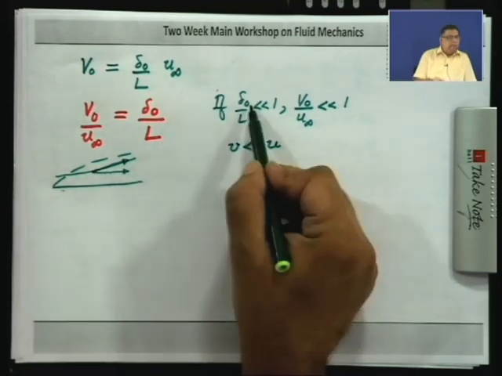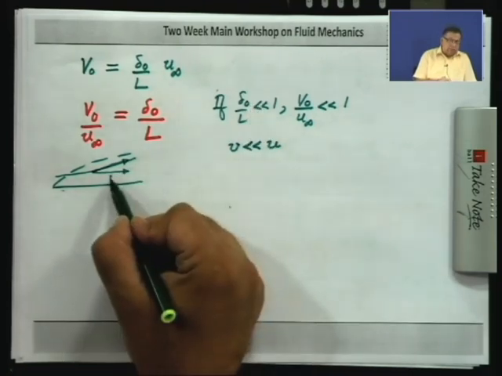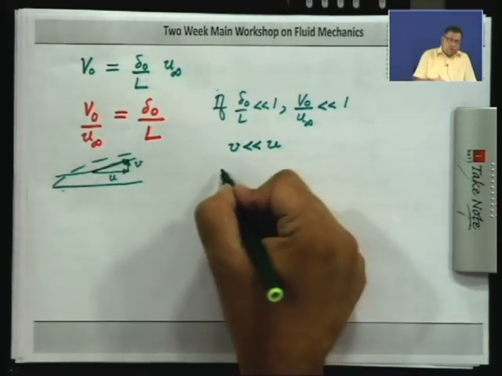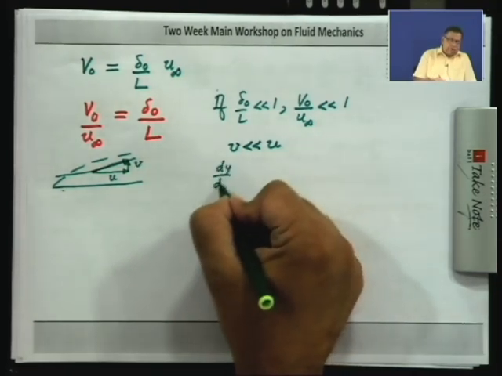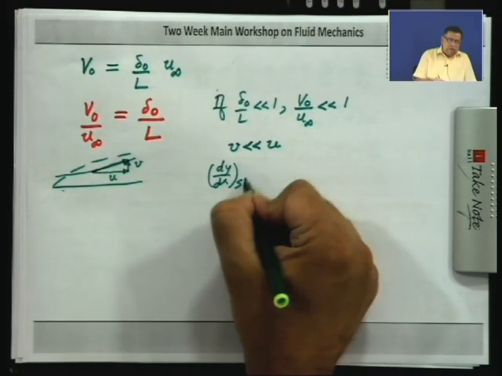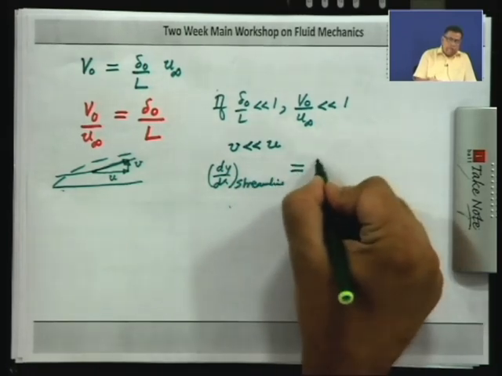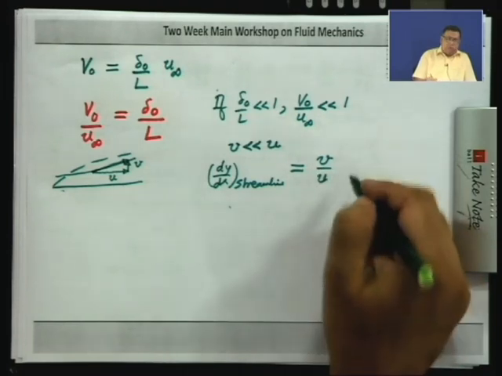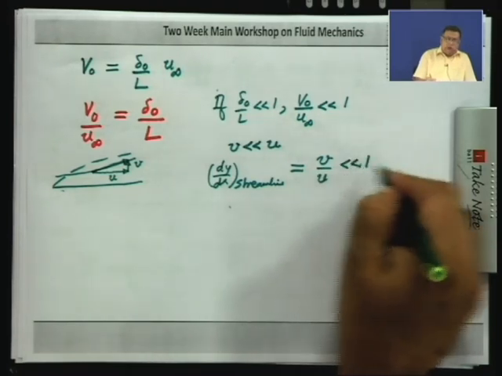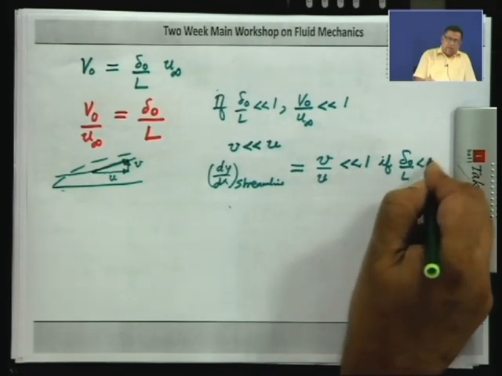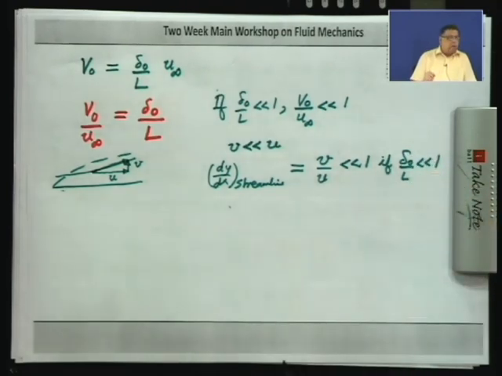If this condition holds, then it will have a large x component and a small y component. So, we are going to have dy/dx for a streamline, which by definition is v by u. This is going to be much less than 1 if delta naught by L is much less than 1.